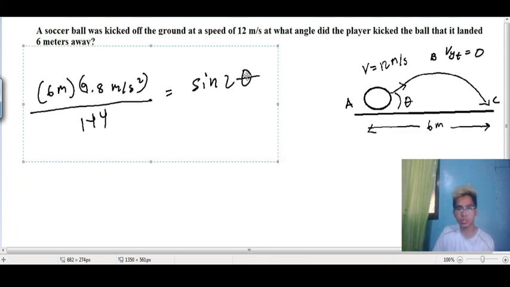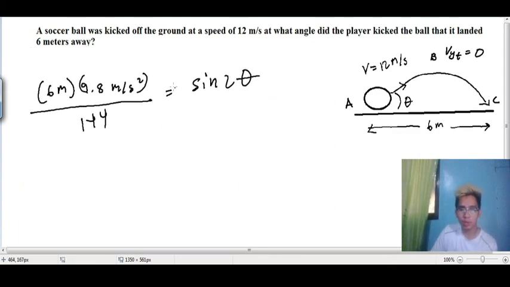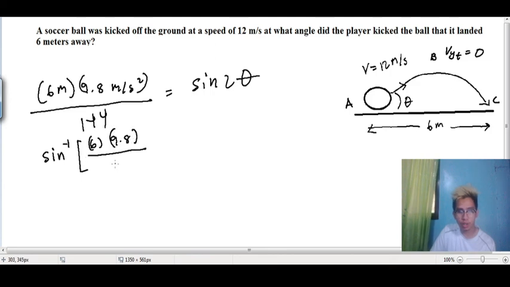So using this, to remove the sine, you must use the arc sine on both sides. So 6 times 9.8 all over 144, arc sine of that, is equal to 2 theta. To remove the 2, you divide both sides by 2.